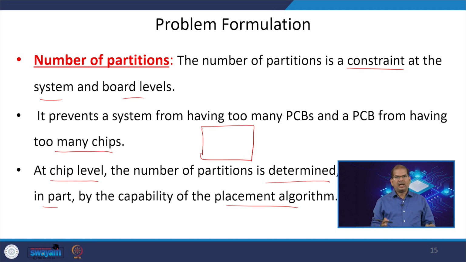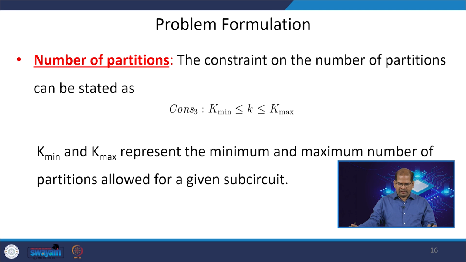Based on that we need to determine the partitioning area, what available space there is, and based on that we should fix the area of each partition. So, the number of partitions is determined by the placement algorithms, how it can be placed, its capability to place the design at the chip level. So, it is a constraint.